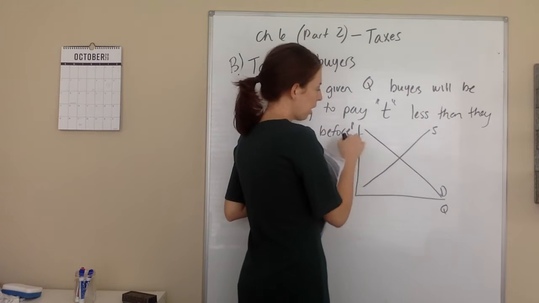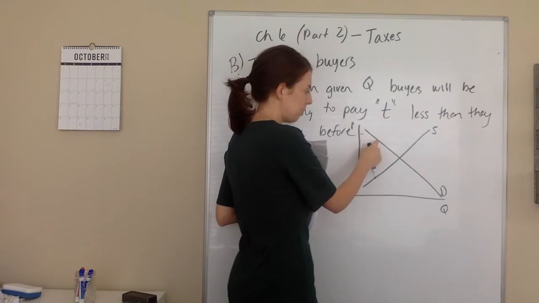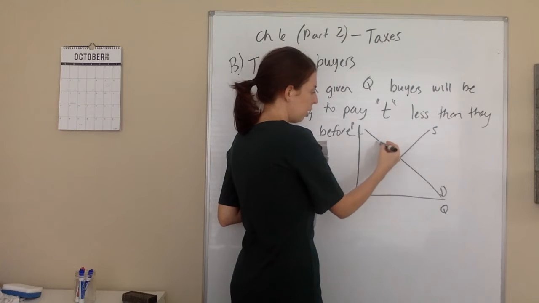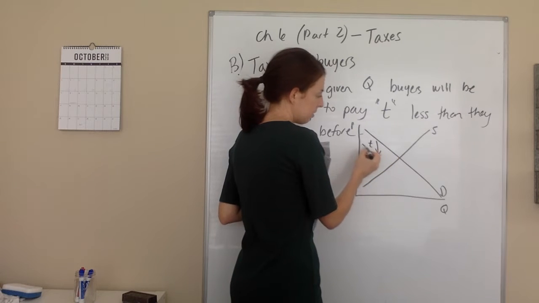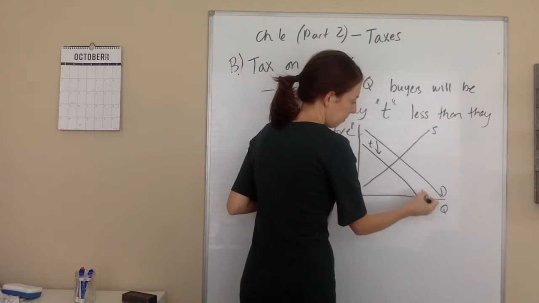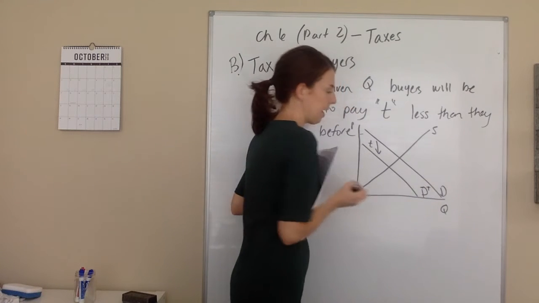Now, on top of whatever price I'm paying, I'm also going to have to pay a tax. So I'm just going to take my willingness to pay and lower it by exactly the amount of the tax, and this is going to be my new demand, given that I'm being taxed.